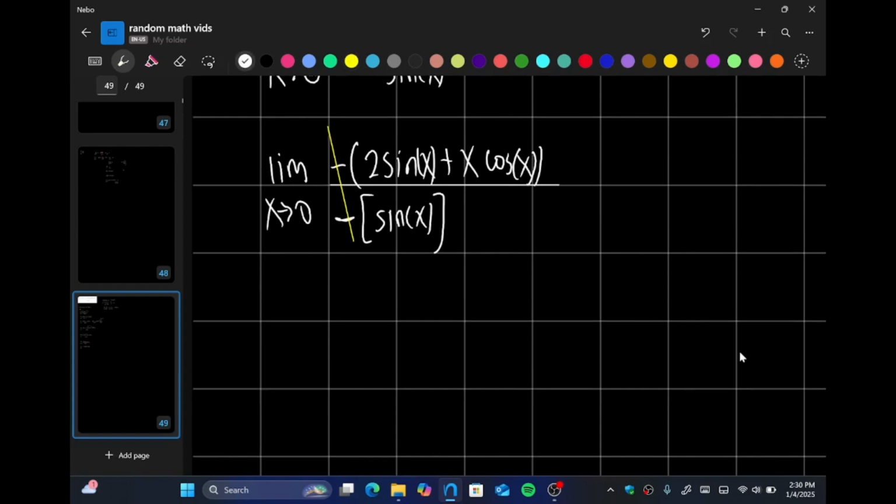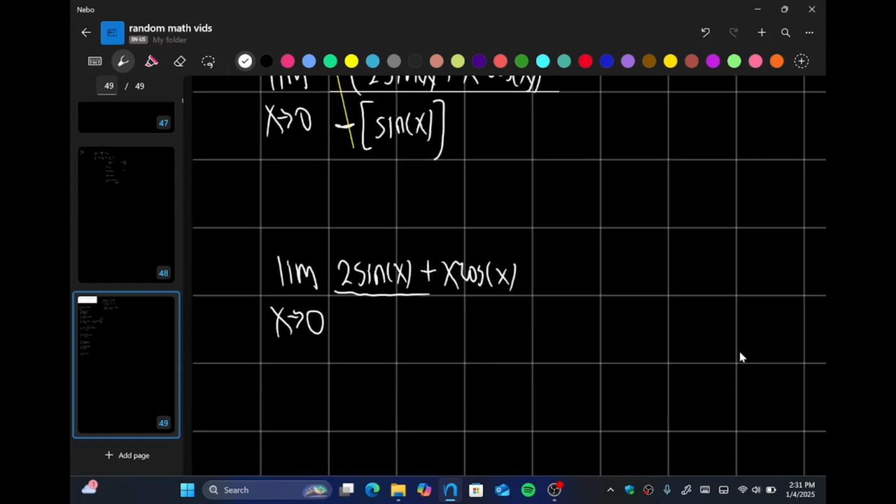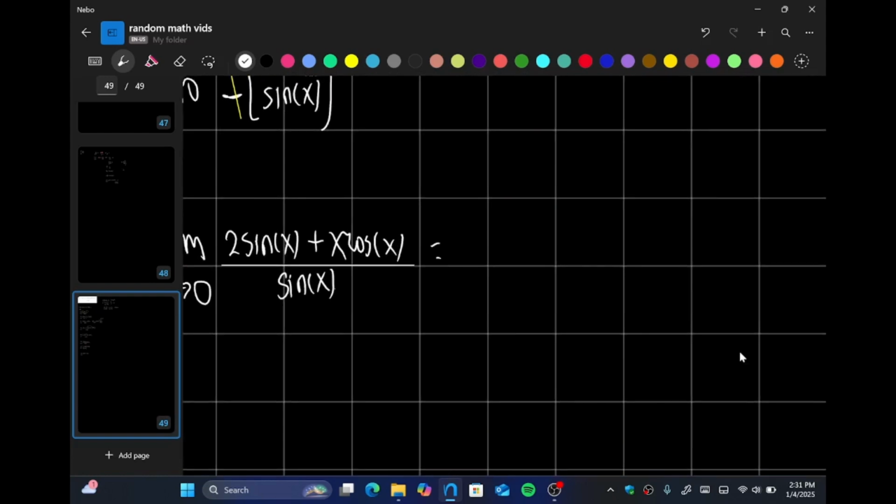So you have 2 sine x plus x cosine of x over sine x. So again, if we evaluate this, it's still going to give us 0 over 0.